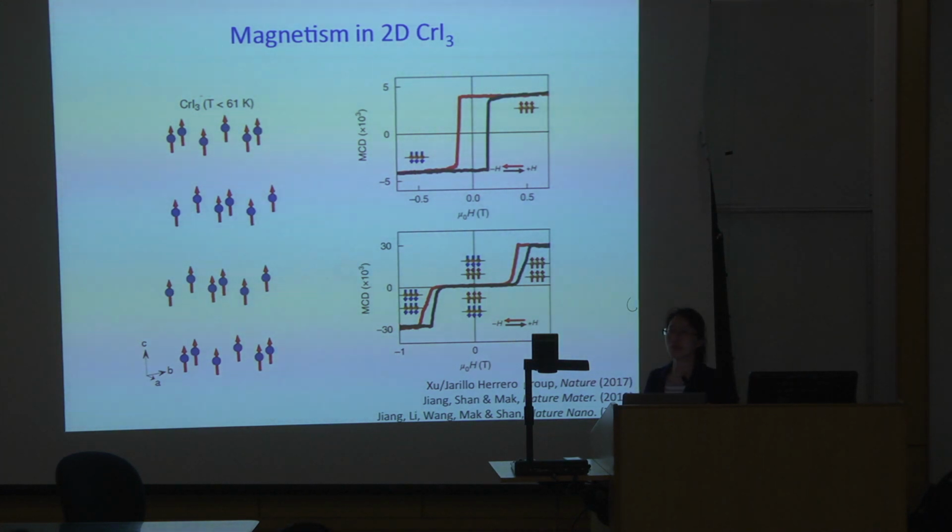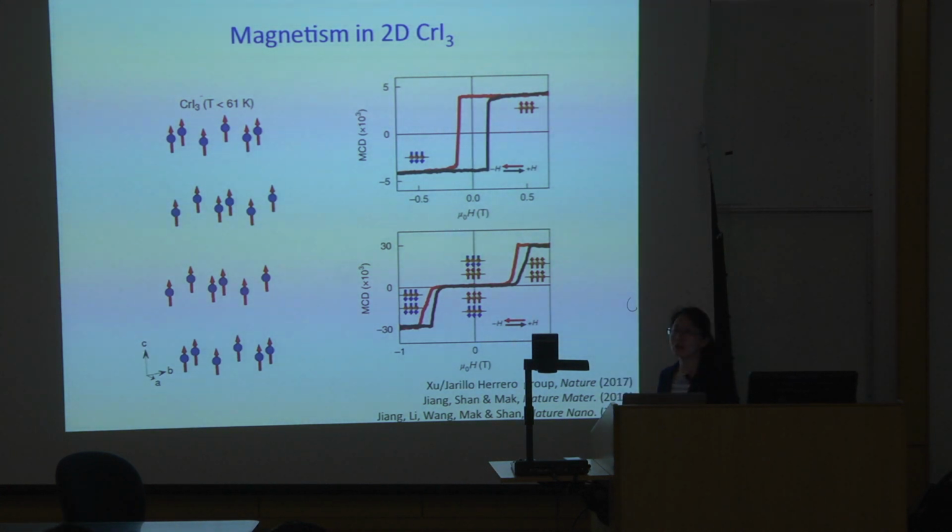interesting layer-dependent magnetic order. So in the monolayer, if you look at magnetization as a function of magnetic field, it shows a very nice hysteresis loop. It's a ferromagnet. However, if you go to 2 layers, magnetization disappears.